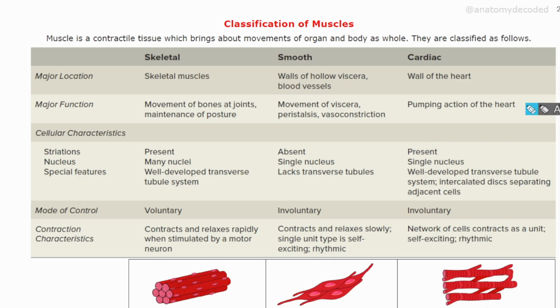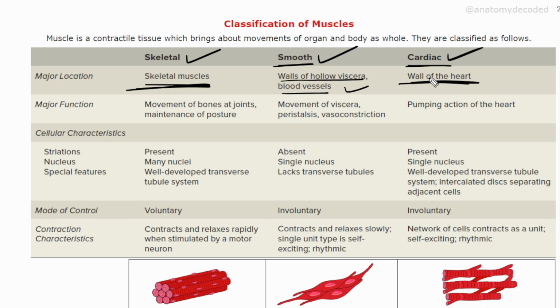Now let's cover the differences between a skeletal muscle, smooth muscle, and a cardiac muscle. Okay, skeletal muscle, as we know, is attached to the bones. Smooth muscle is present in the walls of the hollow viscera as well as the walls of the blood vessels. Okay, so walls of the organs will have smooth muscles. When we say organs, the heart is excluded from that, because for the heart there is a specific type of muscle called cardiac muscle, which is present in the wall of the heart.